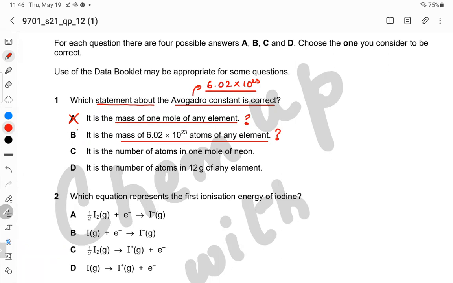So again, it is incorrect because in the B statement, they are saying that it is the mass of 6.02 exponent 23 atoms. So no, it's not the mass. It is the number of particles. If the count of the particles is equal to 6.02 exponent 23, then it is considered as 1 mole of that substance. Is it clear to everyone?